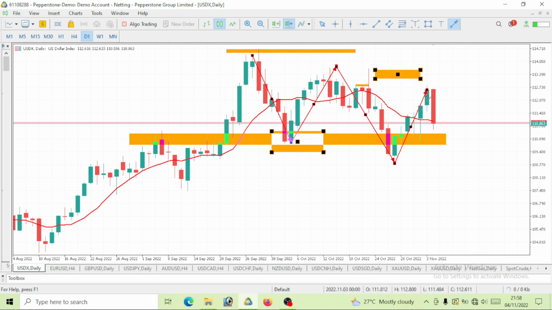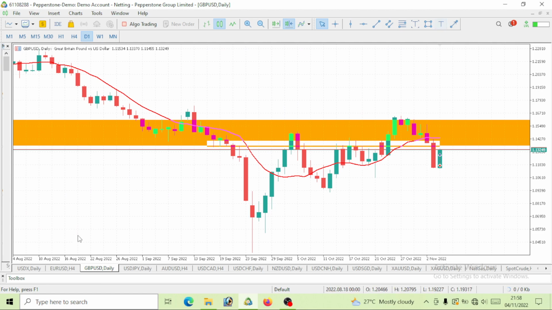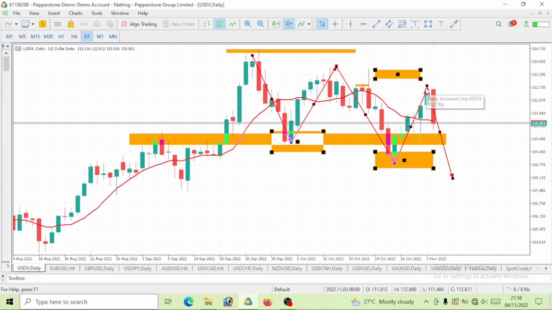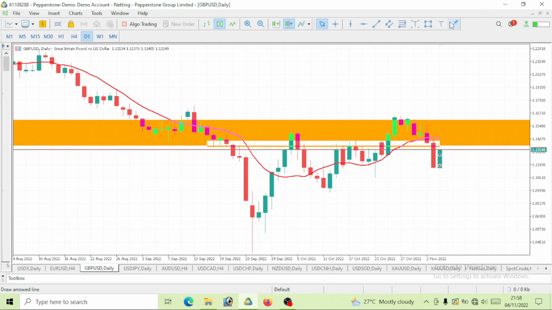So we are seeing a drop, and I believe this drop should be able to break these lows. Once it breaks this previous level, we will see a spike in GBPUSD. That means as the USD is dropping, any other pairs against the USD should give us that bullish move. So I am still expecting a bullish move on GBPUSD.